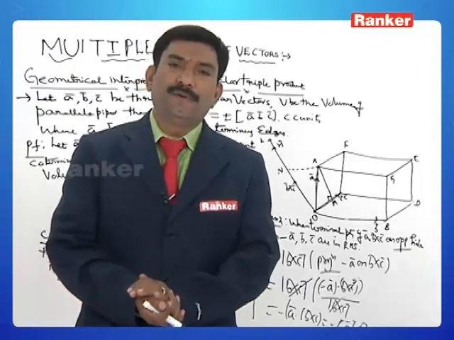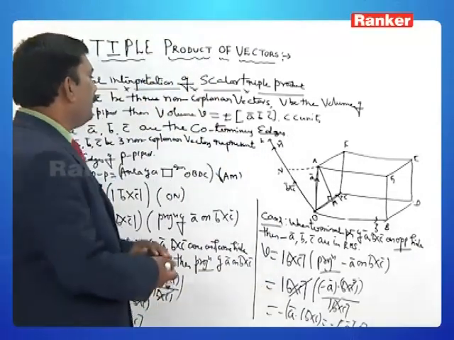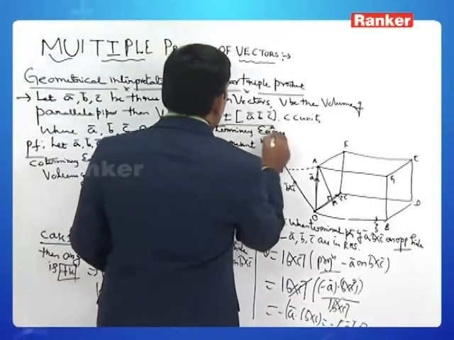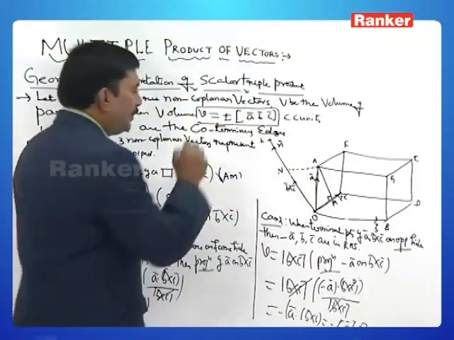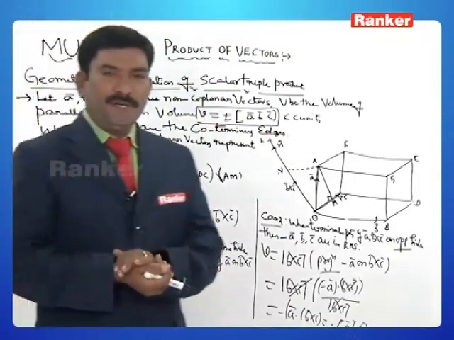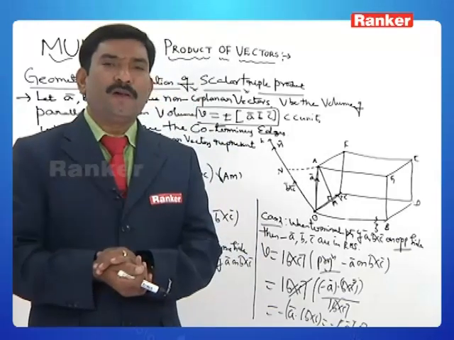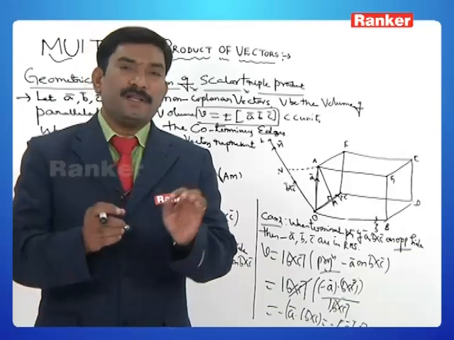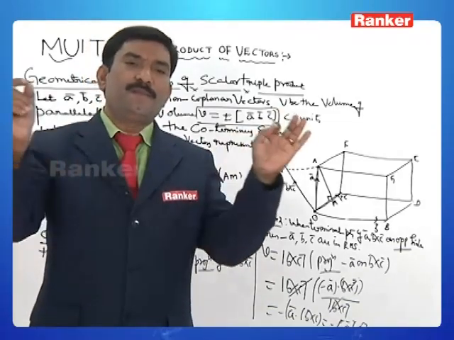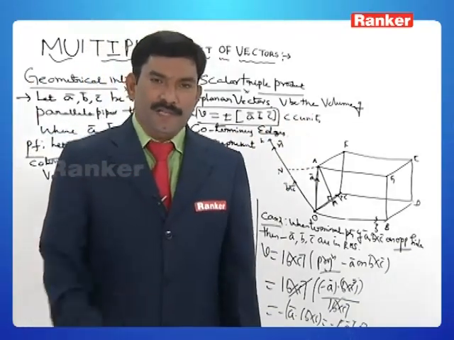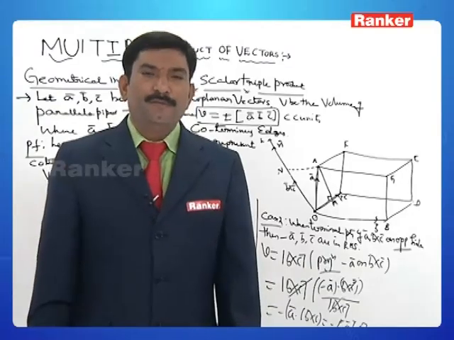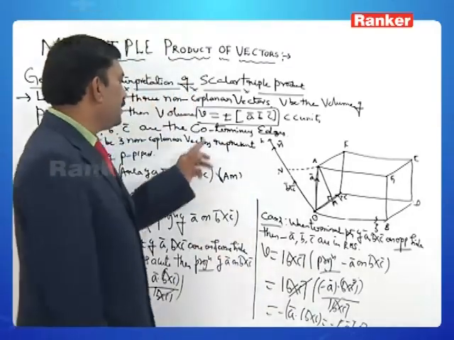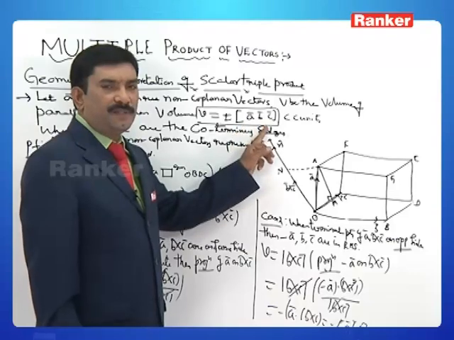So therefore, hereafter, the volume of a parallelepiped followed by 3 non-coplanar vectors A bar, B bar, C bar representing coterminous edges of a parallelepiped is given by V is equal to plus or minus box of ABC.